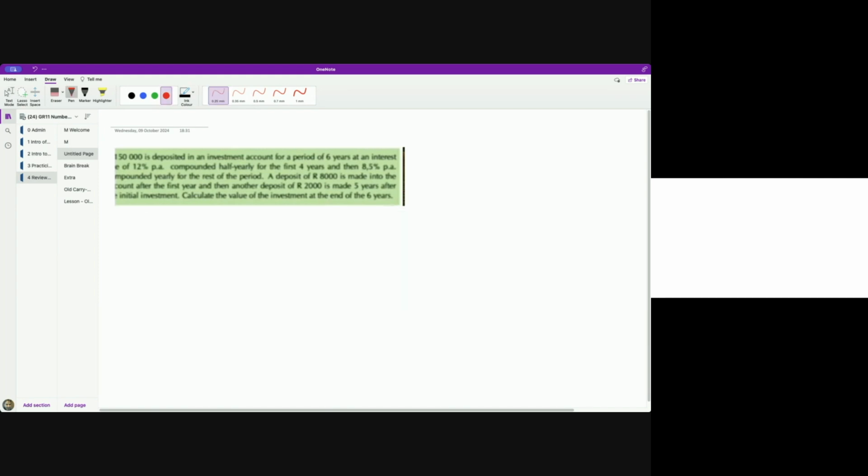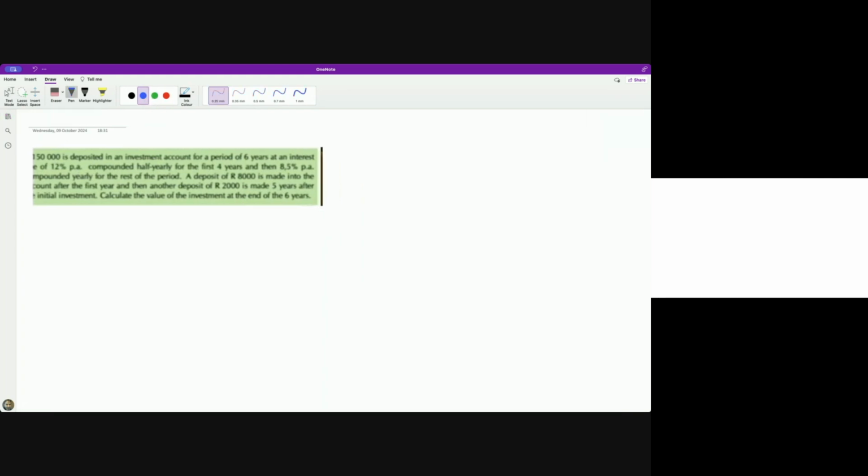Okay, so it says 150,000 is deposited into an investment account for a period of 6 years at an interest rate of 12% per annum compounded half yearly for the first 4 years, and then 8.5% per annum compounded yearly for the rest. It then says there's a deposit and another deposit. Calculate the value at the end of 6 years.